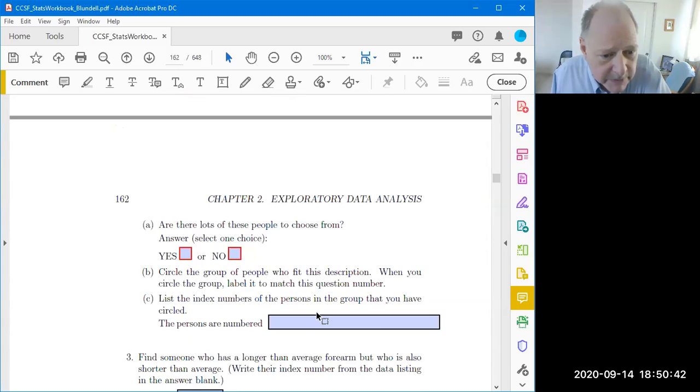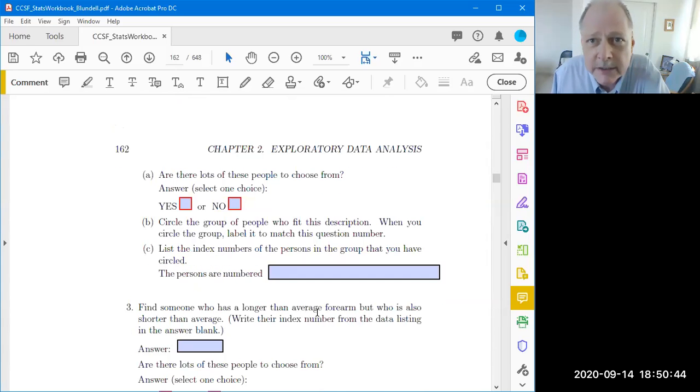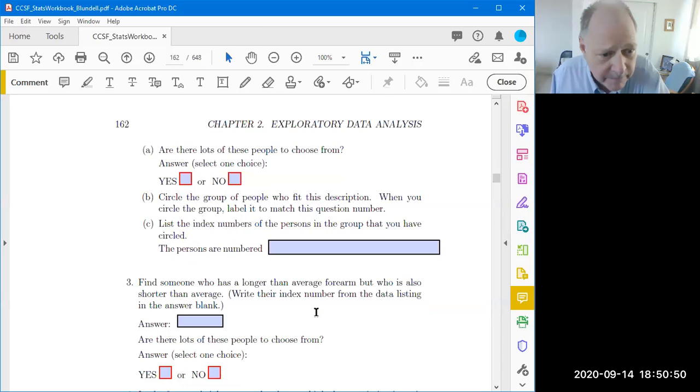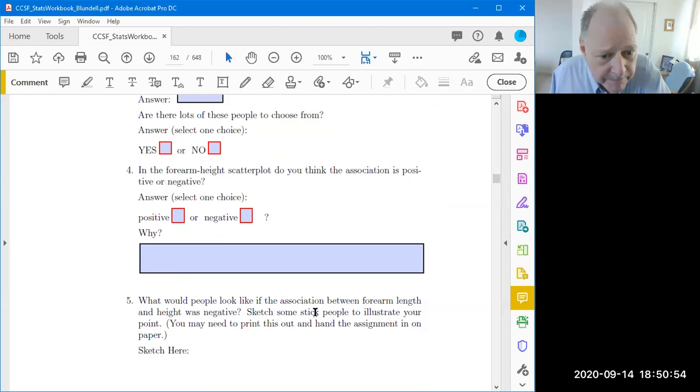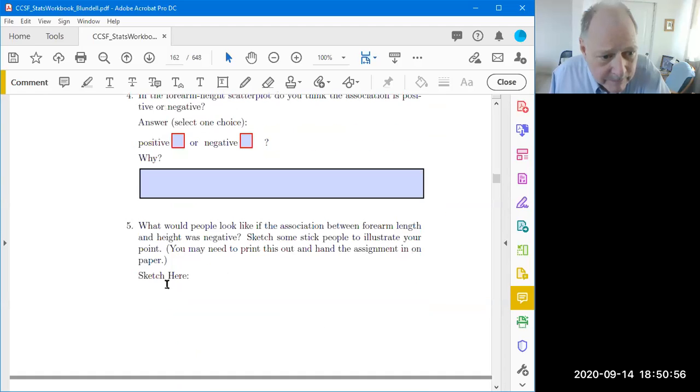So that's the difference between positive and negative association. If it's more in quadrants 1 and 3, that's positive, and if it's more in quadrants 2 and 4, that's negative. And I ask you to draw a little sketch here. It's kind of fun to do. Works better in the classroom.